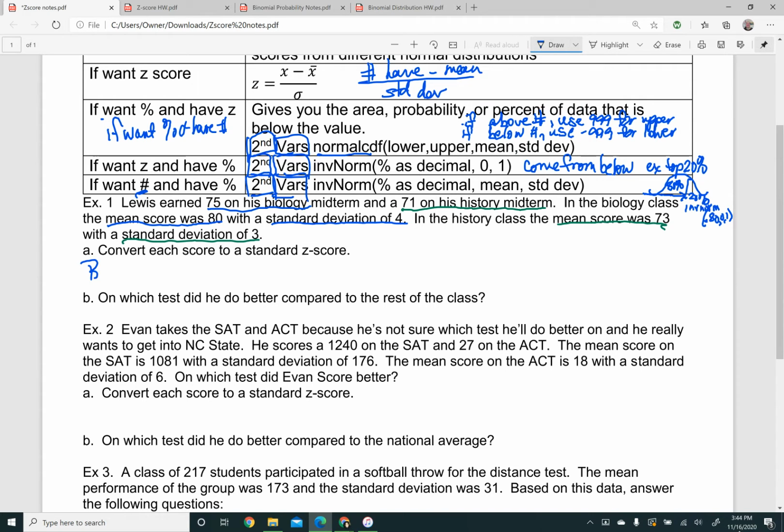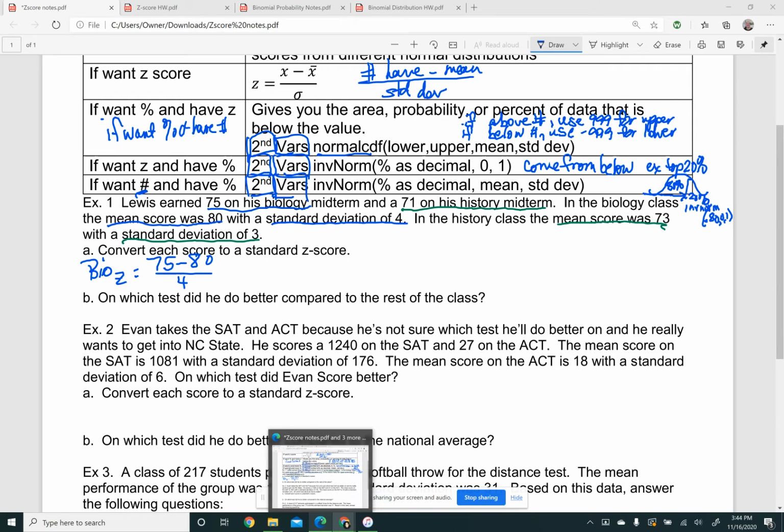So the biology z is the number we have minus the mean divided by the standard deviation. And I am going to pause right here.